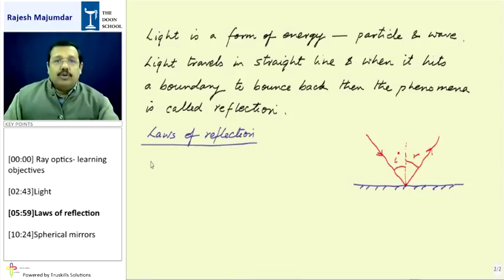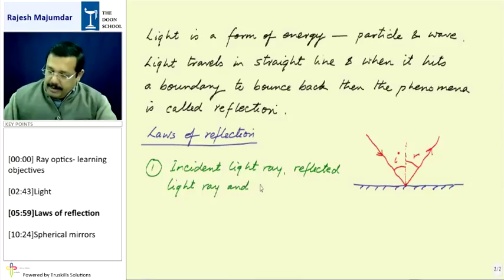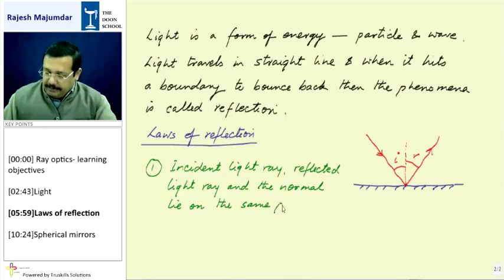And we all know that there are two laws of reflection. The first law is that the incident light ray, the reflected light ray and the normal lie on the same plane.